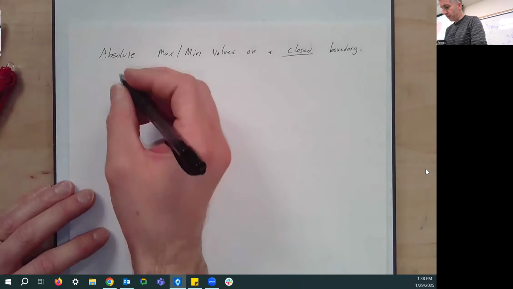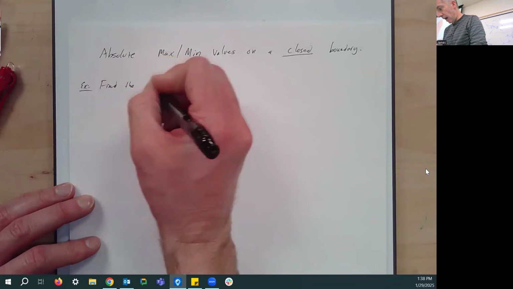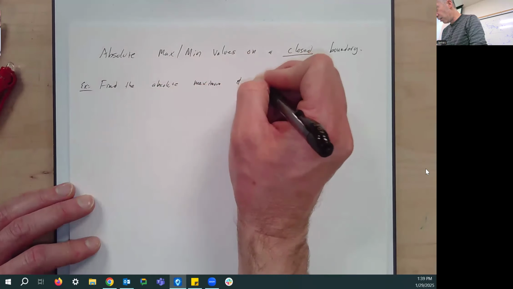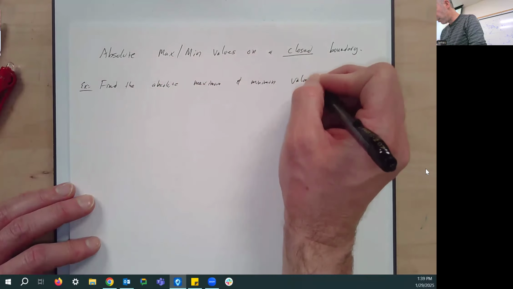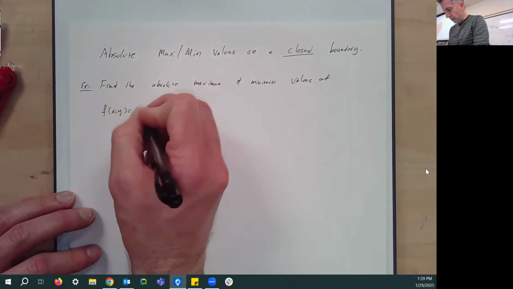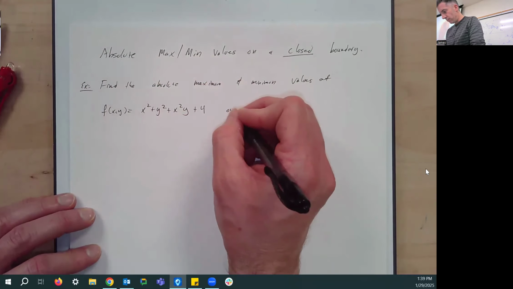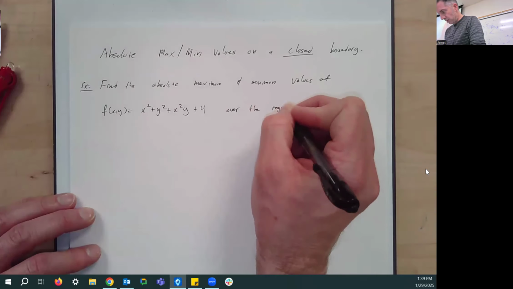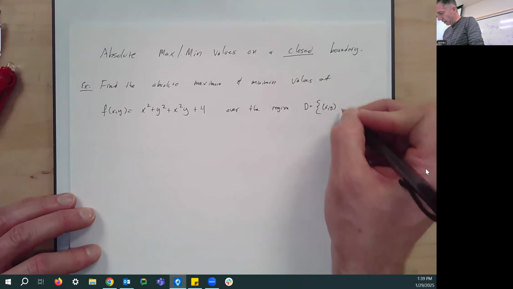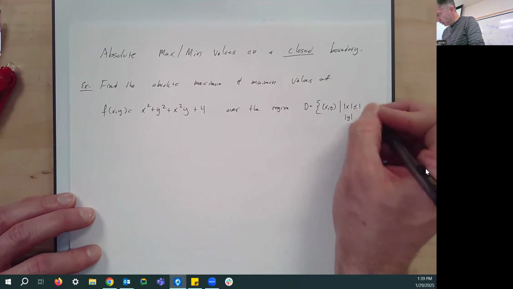So let's look at this example. We want to find the absolute maximum and minimum values of, yeah, we'll do this one first, f(x, y) = x squared plus y squared plus x squared y plus 4, over the region given by D equal to the set of all points (x, y) such that the absolute value of x is less than or equal to 1 and the absolute value of y is less than or equal to 1.